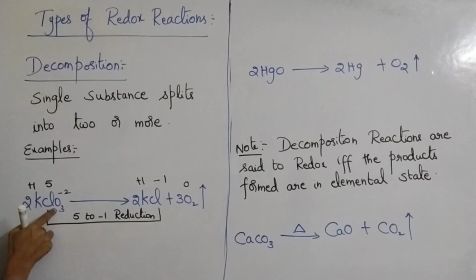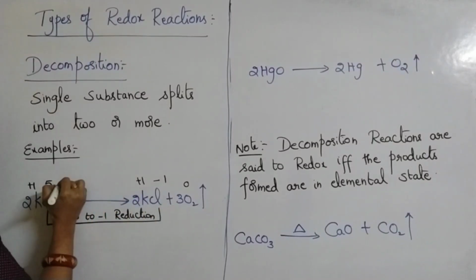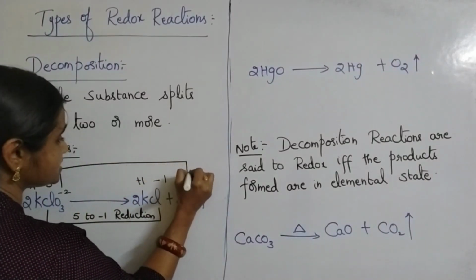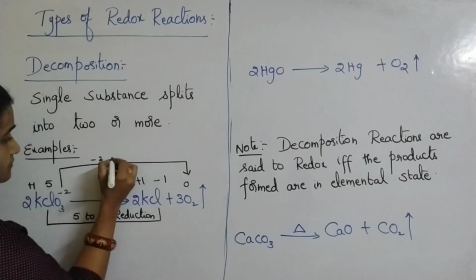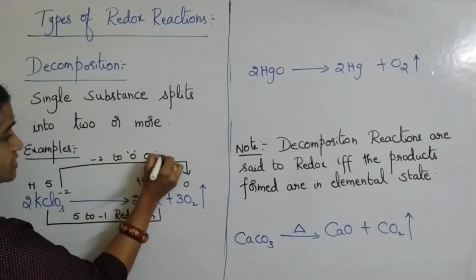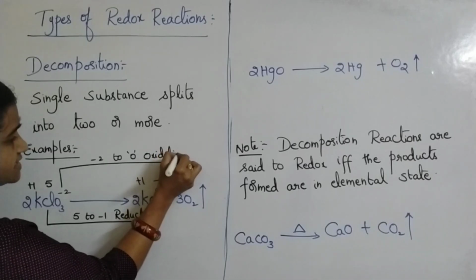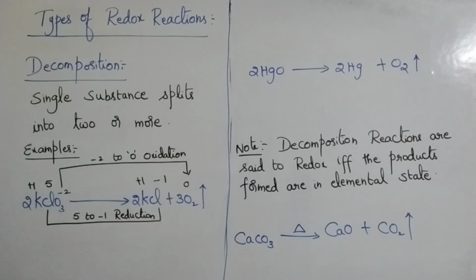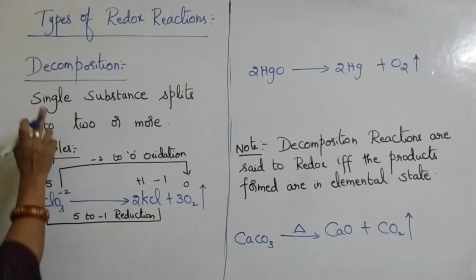Oxygen's oxidation number changed from minus 2 to 0. Minus 2 to 0 means there is an increase in oxidation number, so you call it oxidation. So this is an example of decomposition as well as redox also.